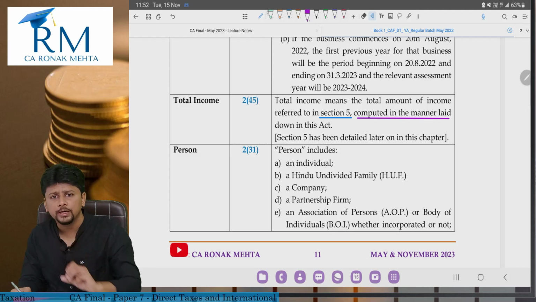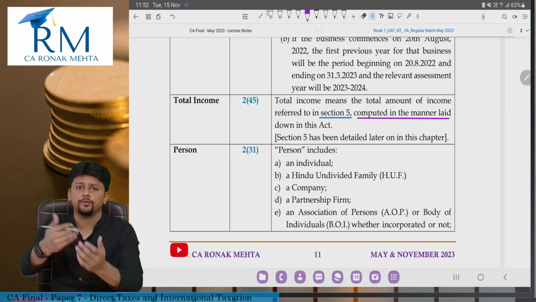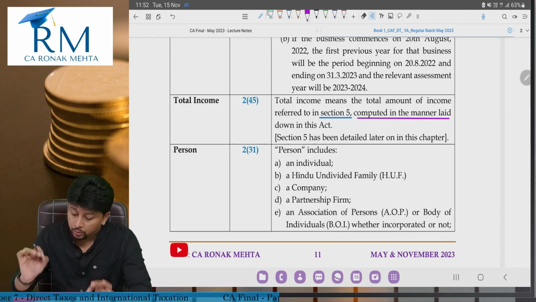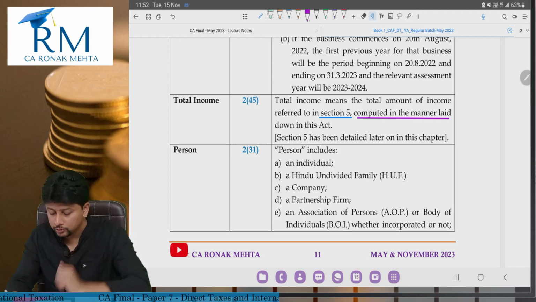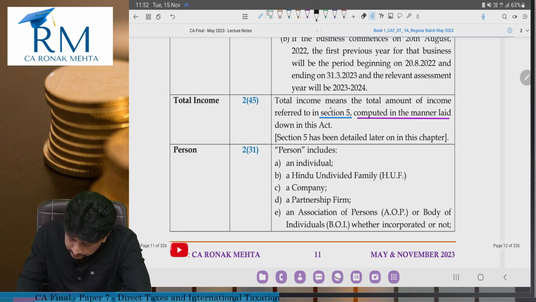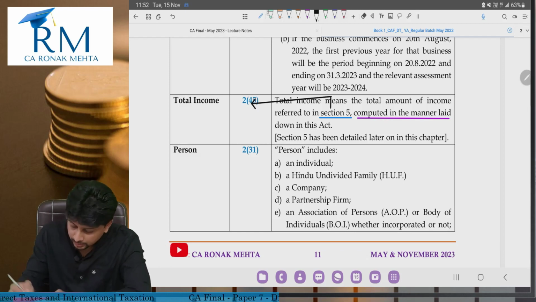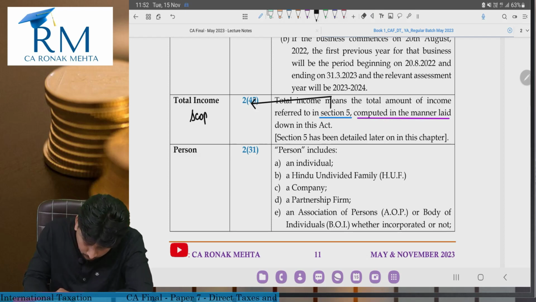So what is total income? You can't define total income as total of all incomes. No. Total income means the amount of income referred to in section 5. Now use your memory. What is section 5? Section 5 is scope of total income.